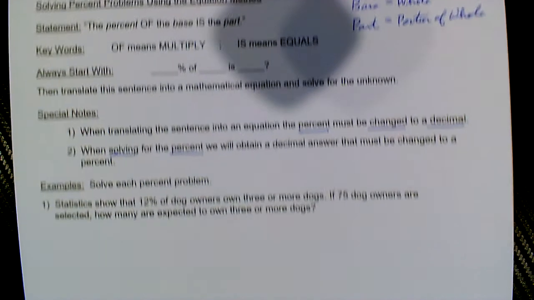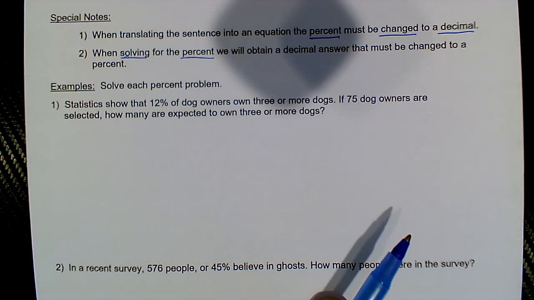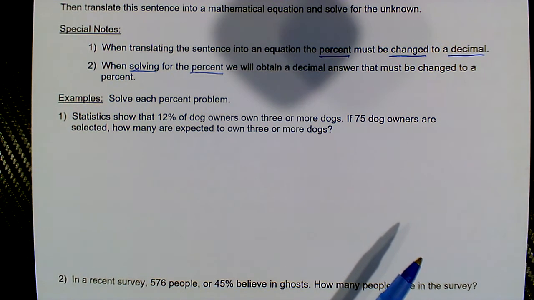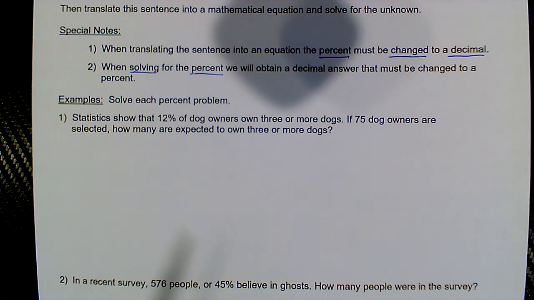So here's some examples. First one, statistics show 12% of dog owners own 3 or more dogs. And if 75 dog owners are selected, how many are expected to own 3 or more dogs?